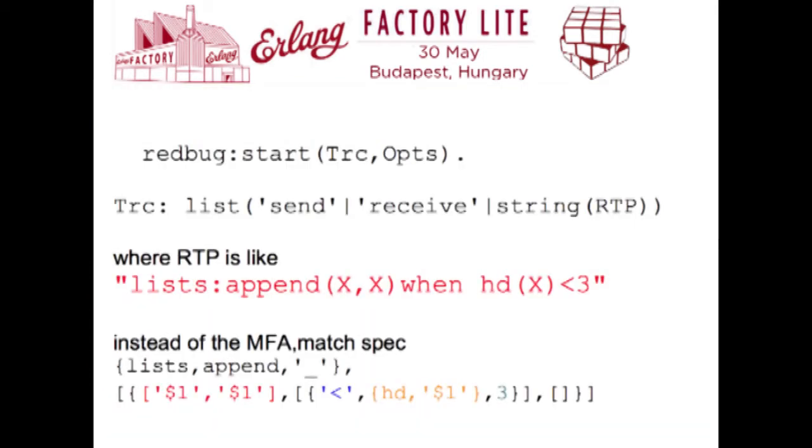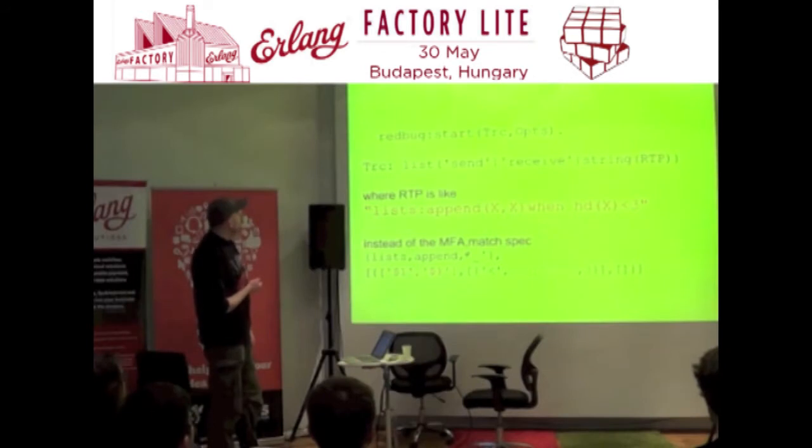So I created something called Redbug, which was basically that one-liner that's now expanded into 1,000 lines of code. What I wanted was something that looked like this, a function that I could call that would take something that looks like Erlang options.